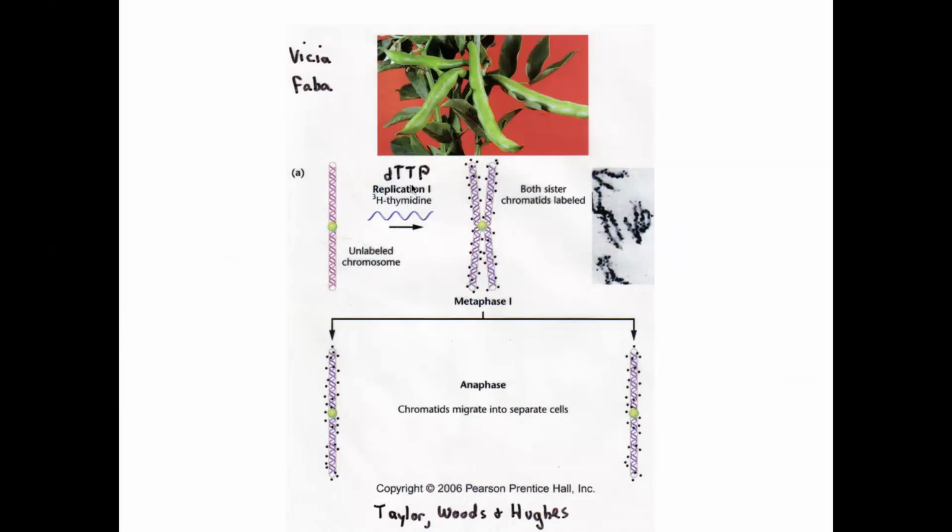So basically what they did is they started with, here's a chromosome in the Vicia faba genome. Remember that chromosome has a double-stranded DNA molecule that runs from end to end. If the cell that carries that chromosome is going to divide mitotically within the root tips, the first thing that has to happen is the DNA has to replicate itself.